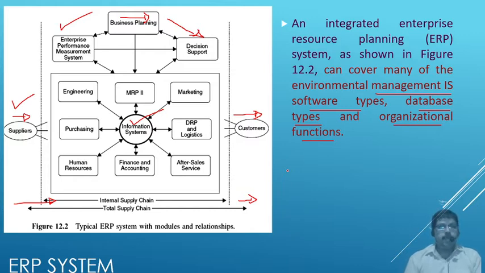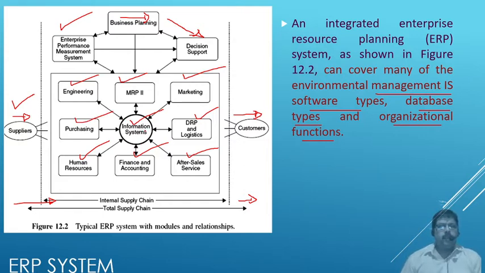We also call it a management information system, which is needed for managing the enterprise. In this diagram, different software will be available, such as engineering, MRP, marketing, DRP and logistics, after sales services, finance and accounting, human resources and purchasing.